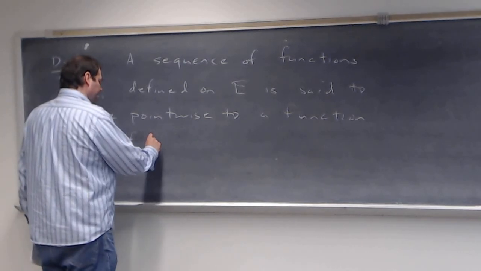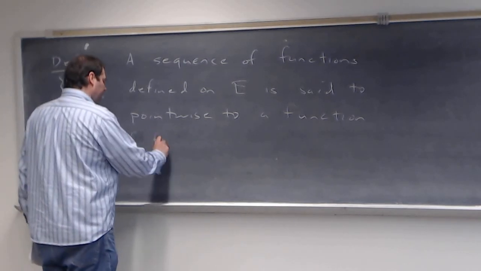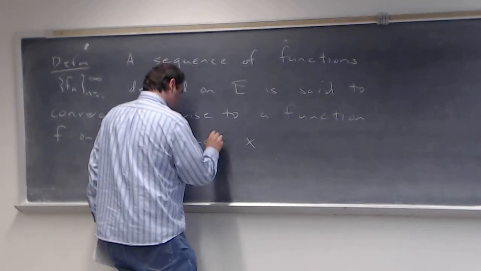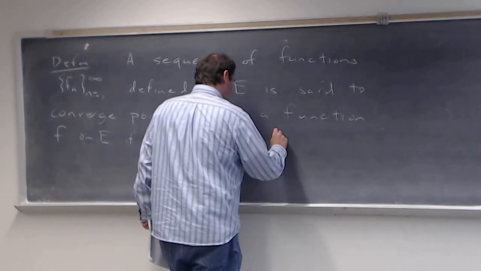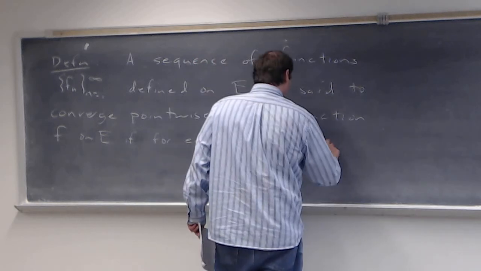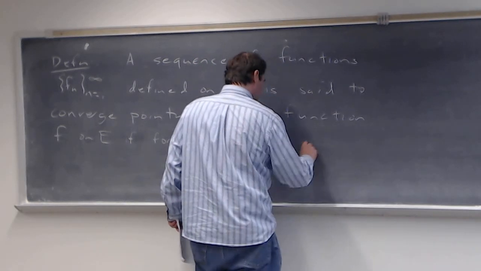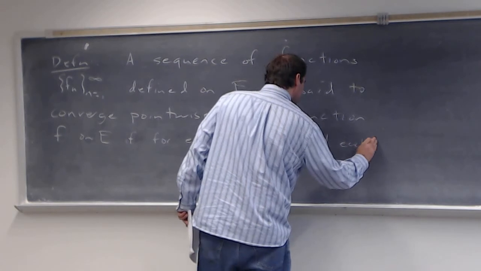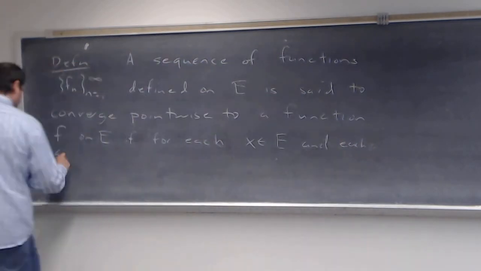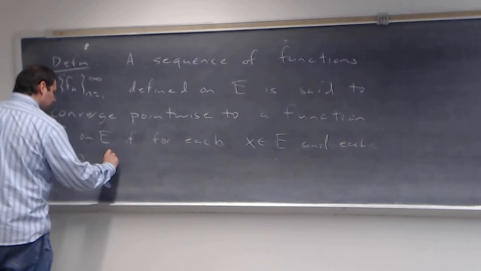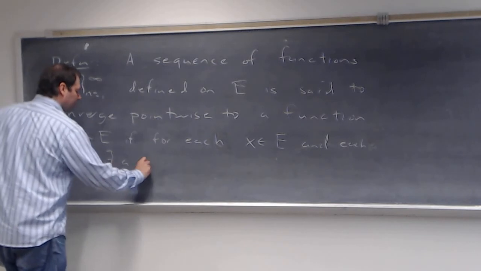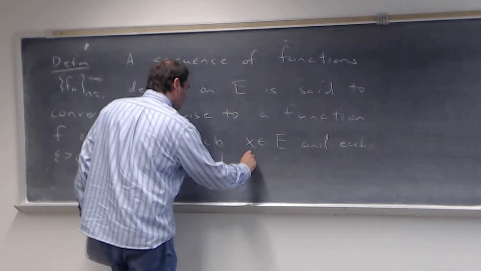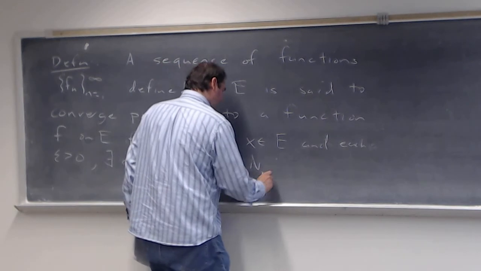if, I'm going to say it this way, if for each x in E and each epsilon greater than 0, there exists a natural number N sub x comma epsilon.